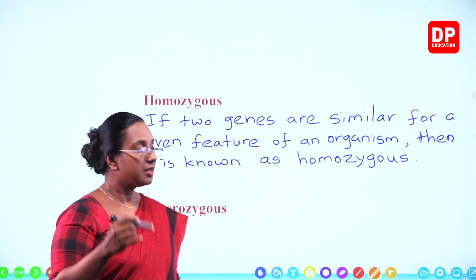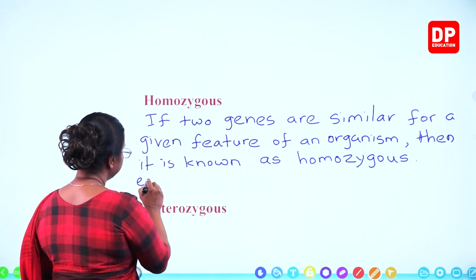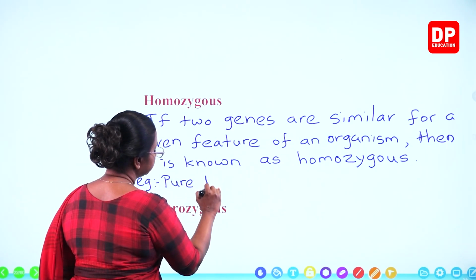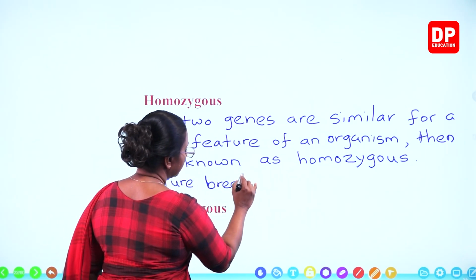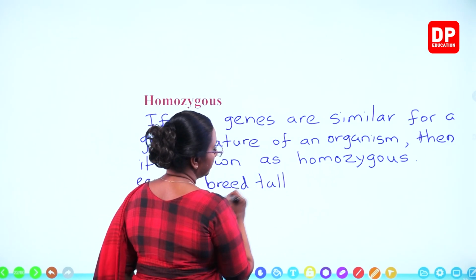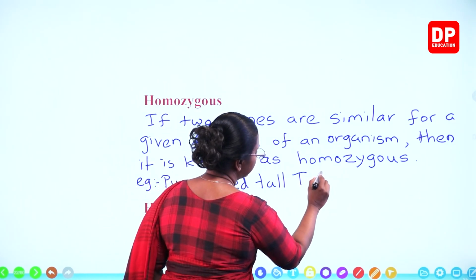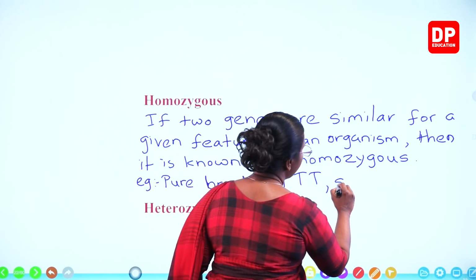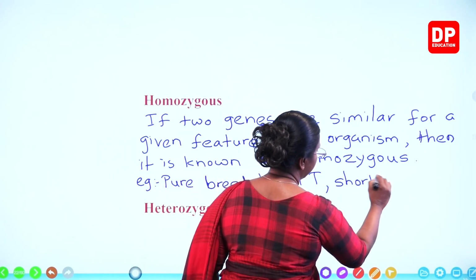Homozygous genes. What are the examples? Purebred tall plant. How do we write it? Capital T, capital T. Then we had short plants, that is also purebred.